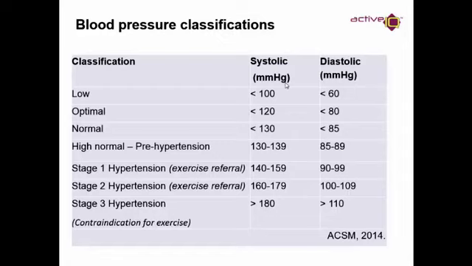We then have high normal or pre-hypertension, which is anywhere between 130 and 139, so 85 to 89, okay? That's pre-hypertension, and what that means is that the person who falls in that bracket, they're on the way to having high blood pressure. They're not quite there yet, but we do need to do something about it quite quickly to bring them back down.